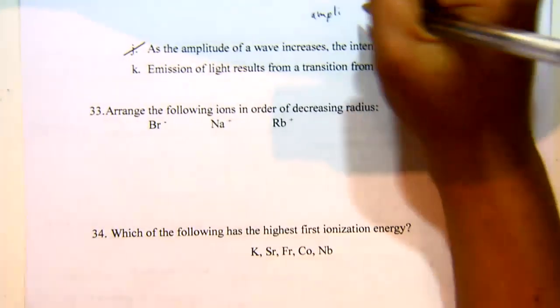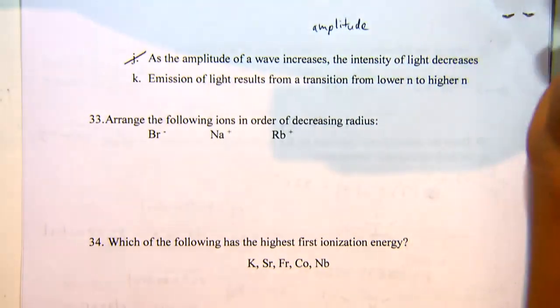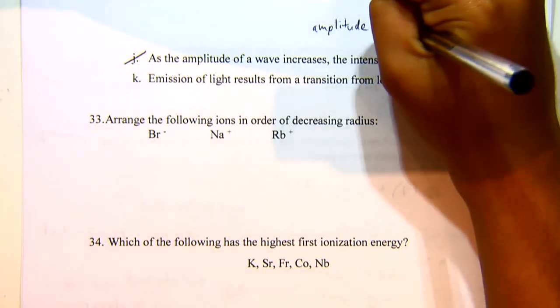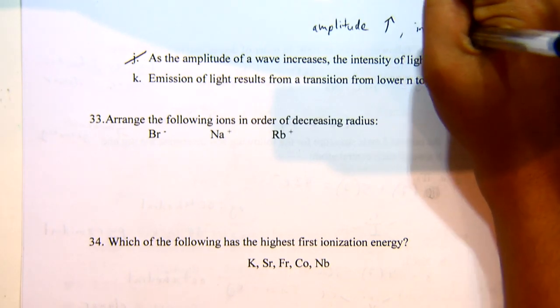Then next, as the amplitude of a wave increases, the intensity of light decreases. That's false. The amplitude, which is the height of a wave, increases as light intensity increases. It's a direct relationship.